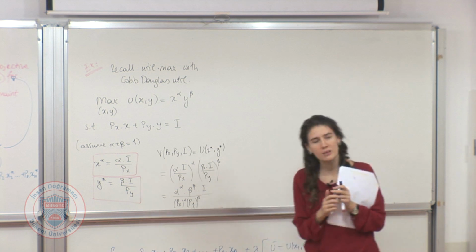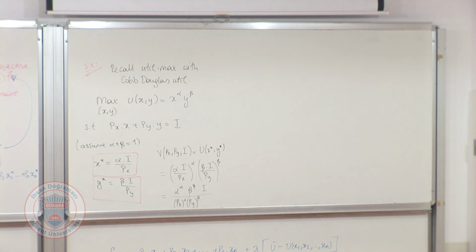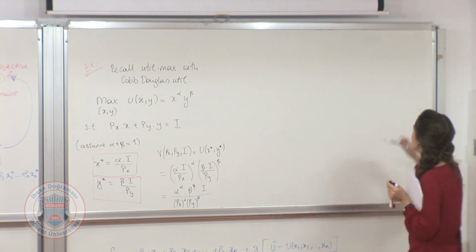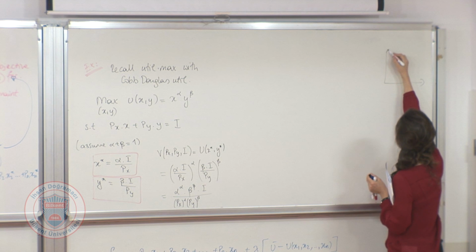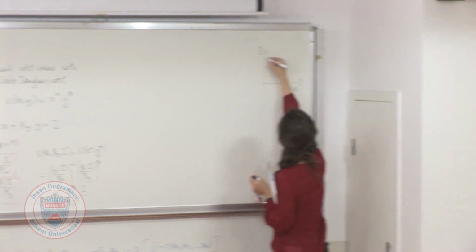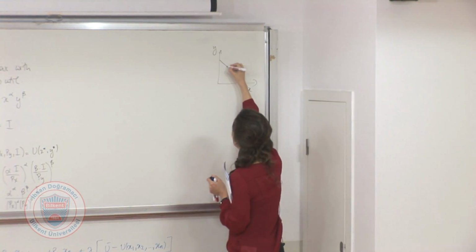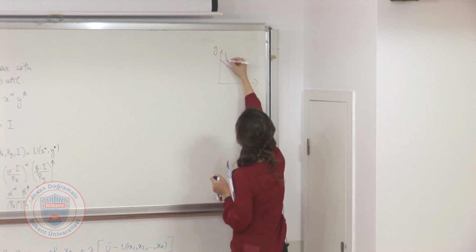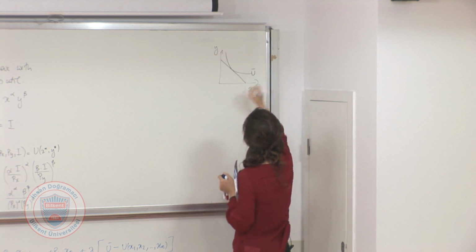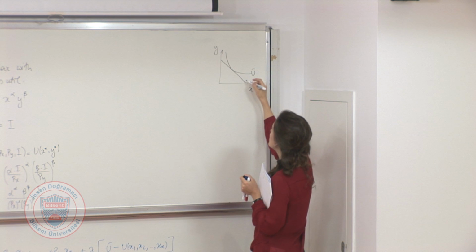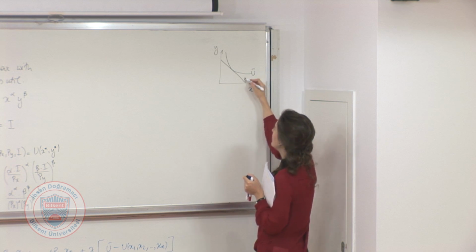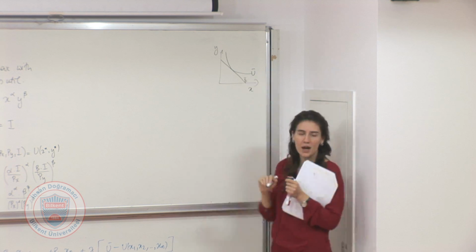Now let's solve the expenditure minimization problem and see whether we get exactly the same point, because this was my argument. Suppose you had this budget line, and this is the maximal utility you can reach, U bar.